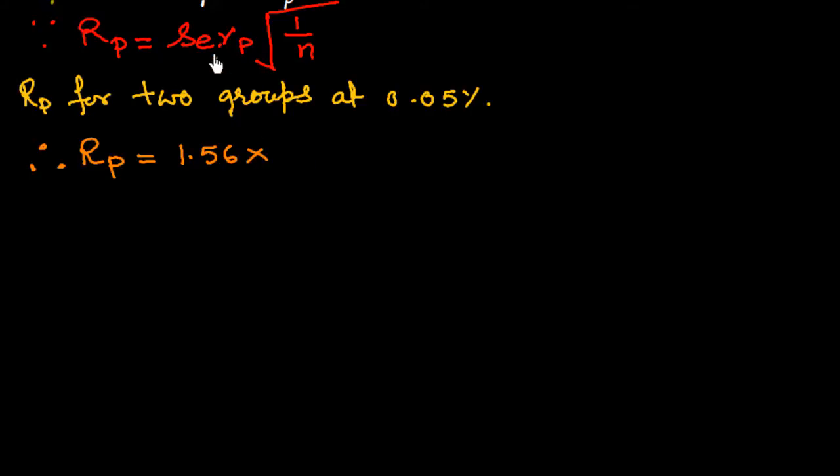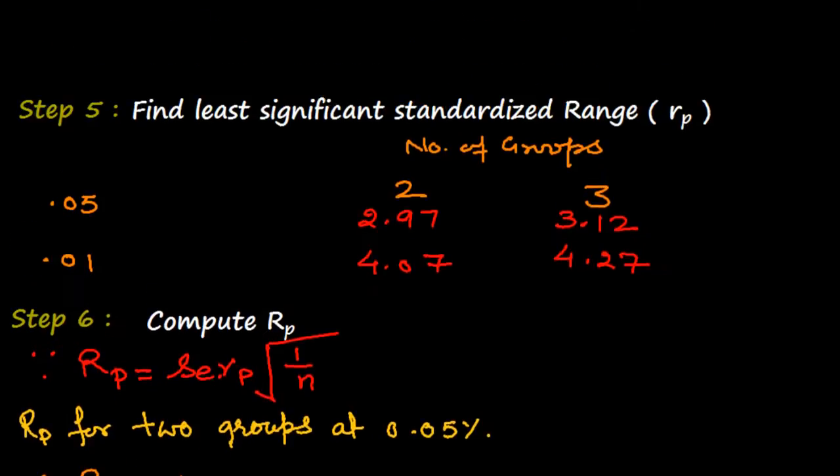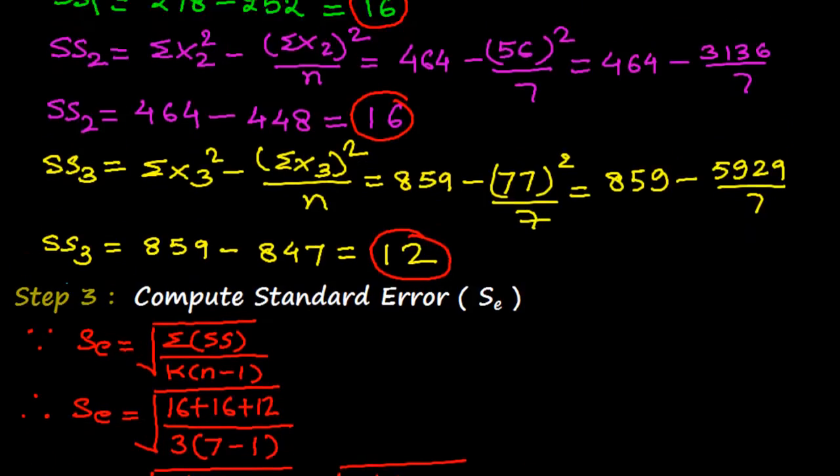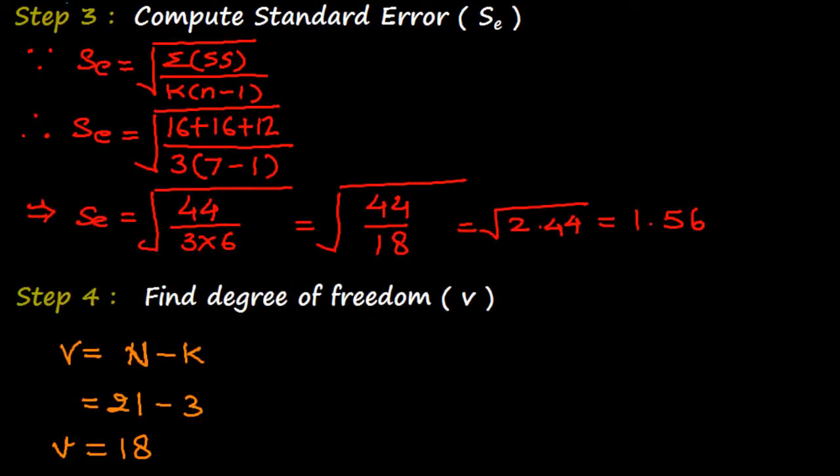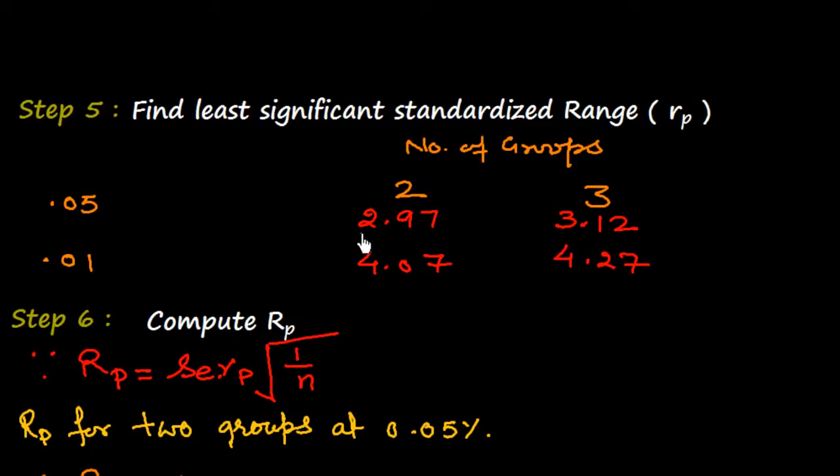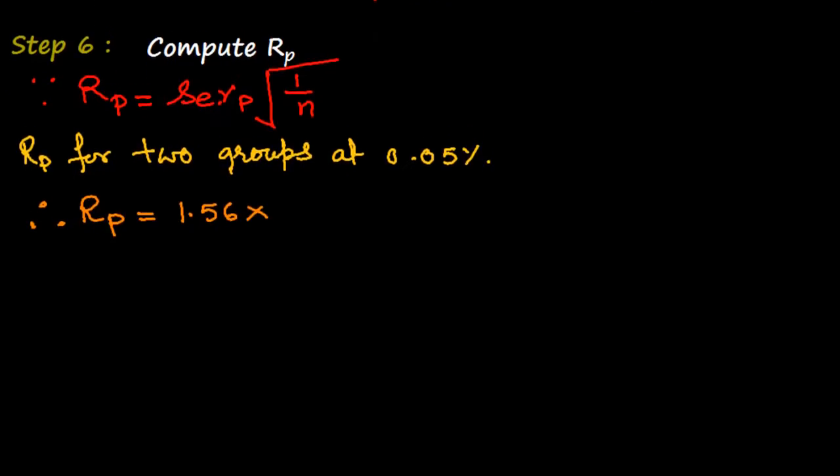And the table value for two groups at 5% is 2.97, so we put down 2.97. Now root 1 over 7, which is equal to 0.378.